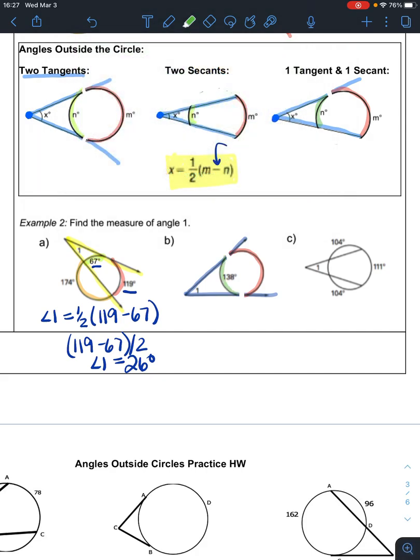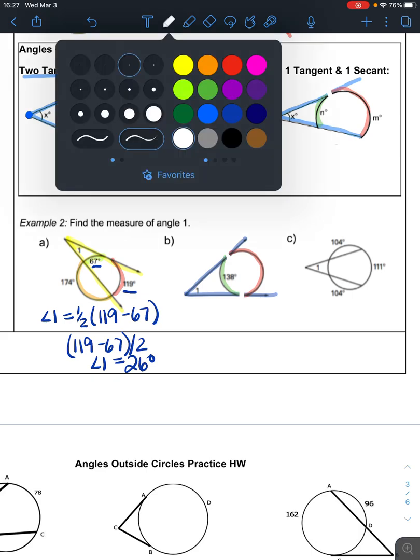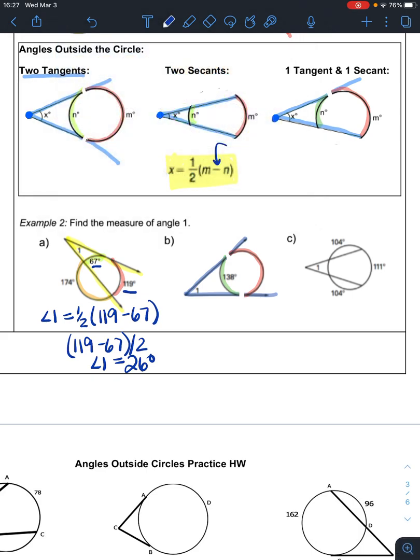I know how big the green piece is, that inside piece, but I don't know how big that red piece is. But I do know how to find it because I know that a whole circle adds up to 360. So if I take 360 and I subtract 138, I get 222. So that arc is 222.